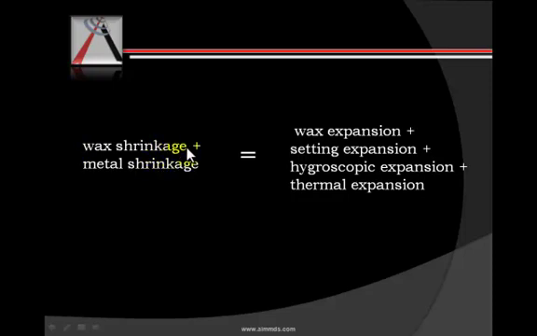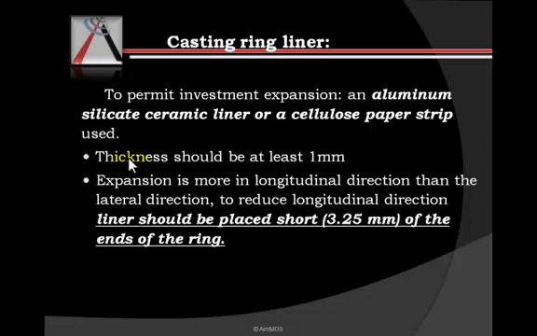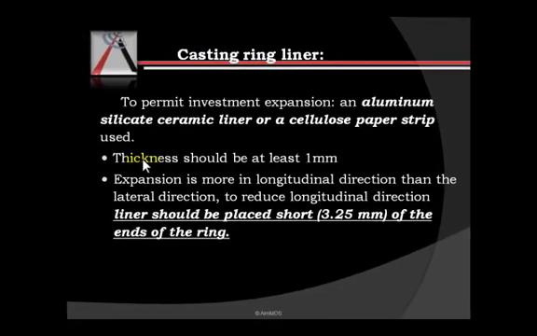So the shrinkage that happens in wax and the metal during the process of casting is compensated by the expansion that is brought about in the investment. To allow for the investment to expand, one is during setting it automatically expands. The second process, the hygroscopic expansion, is wherein we provide water around the investment so that it expands.